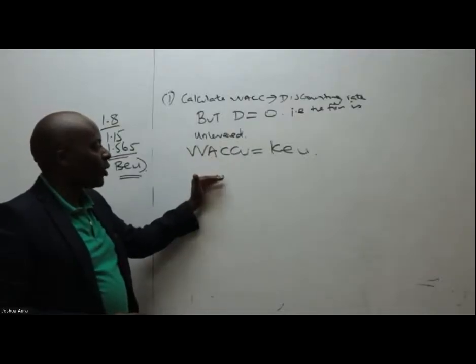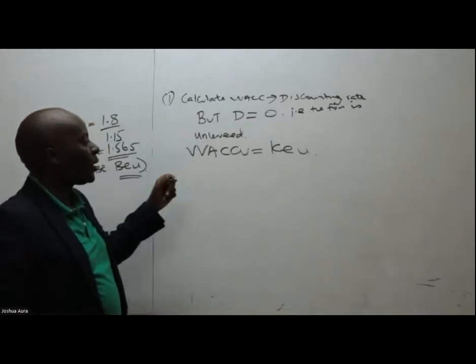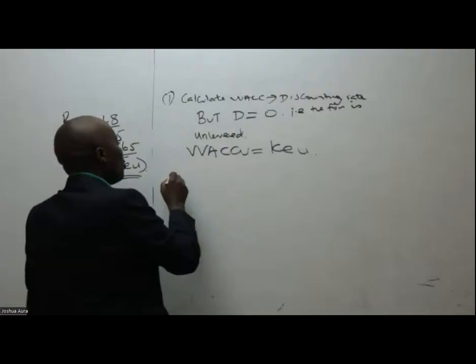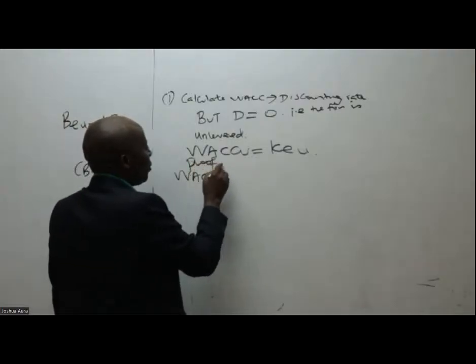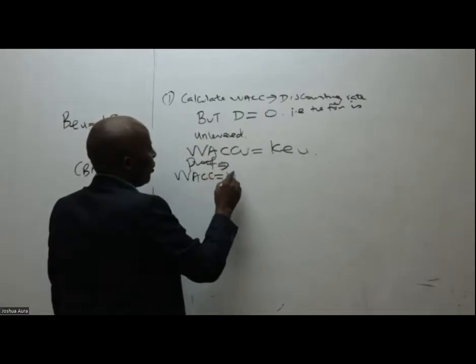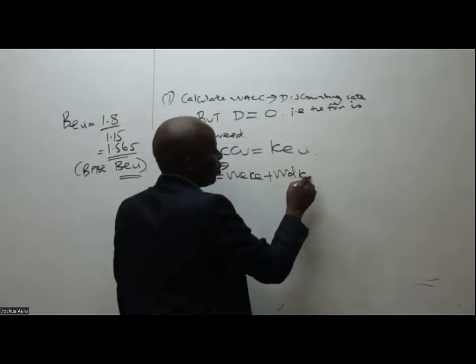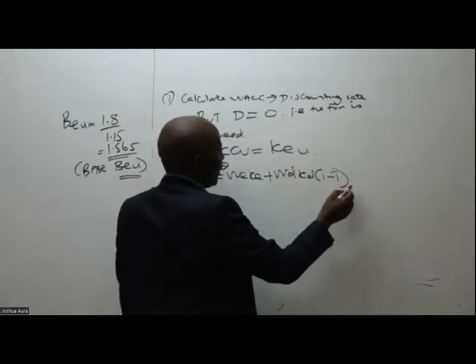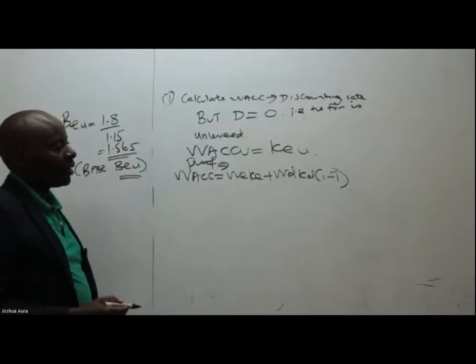No. It's WACC U equals Ke U. And we can prove this. To get WACC, we take weight of equity, cost of equity, plus weight of debt, cost of debt, into 1 minus tax.